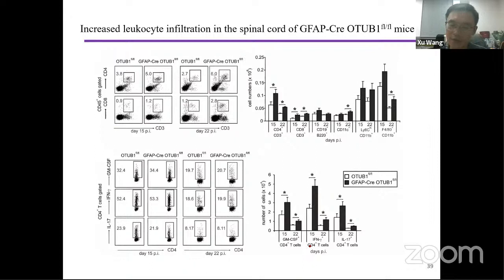Maybe it's difficult for you to understand now, but you have to keep in mind that CD4 T cells are bad for MS and EAE. So more CD4 T cells means more severe disease.